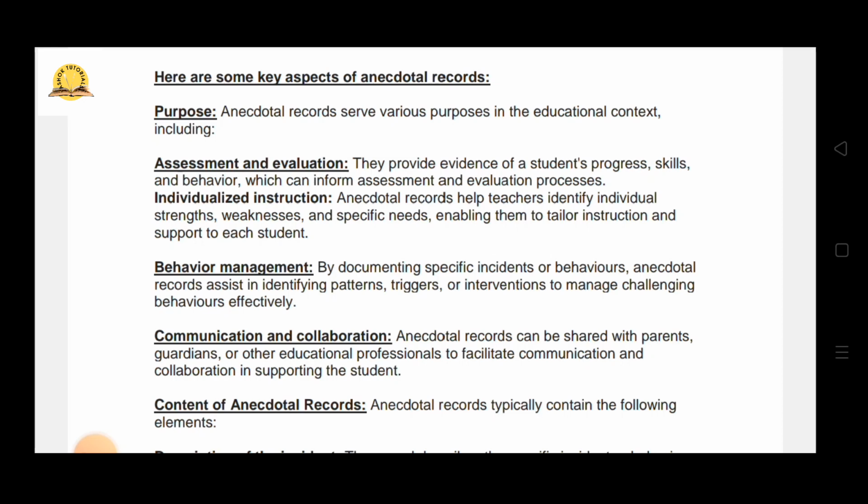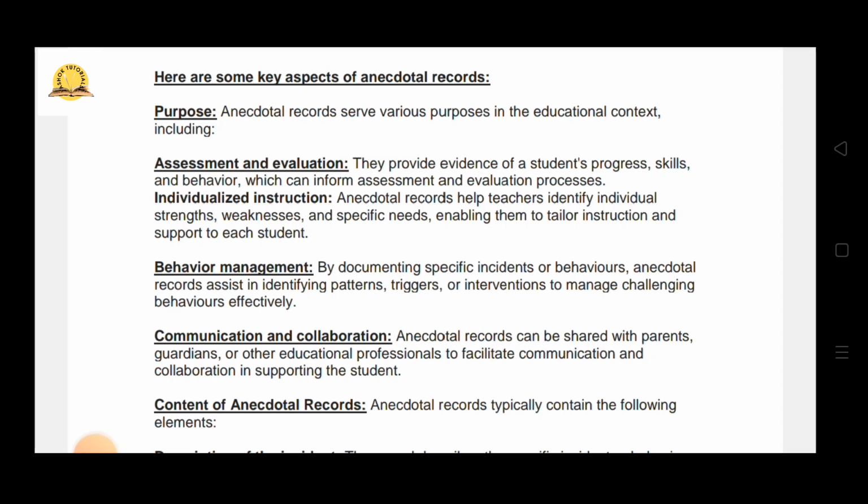Behavior management. By documenting specific incidents or behaviors, anecdotal records assist in identifying patterns, triggers, or interventions to manage challenging behaviors effectively. Suppose we are mentioning certain incidents the child has had in his or her life, a tragic incident such as losing loved ones.